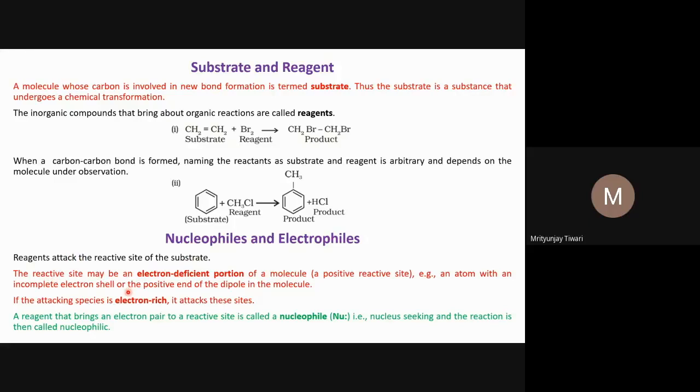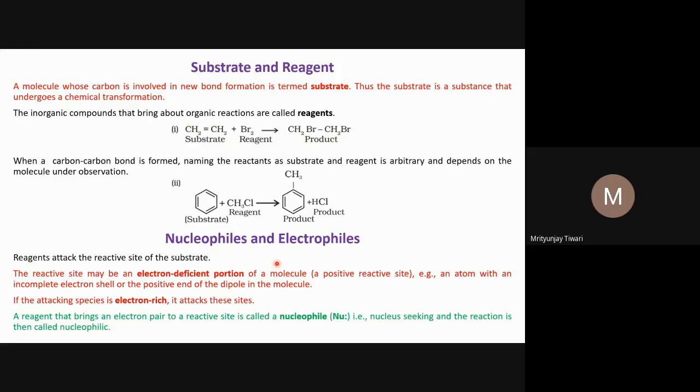The reactive site may be an electron deficient portion of the molecule. Electron density in molecules is not equally distributed. Certain portions of the molecule have a larger electron density, and so a negative potential, and some portions have lesser electron density, so electron density is depleted from that region.